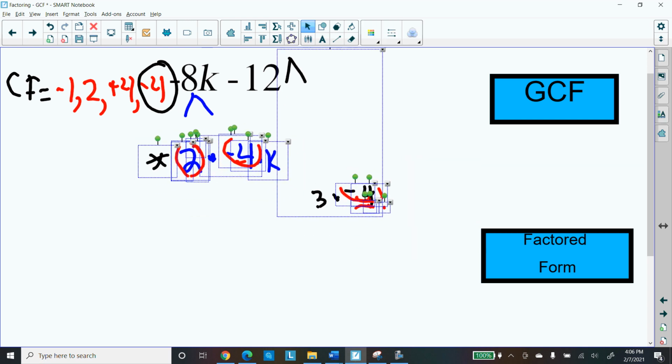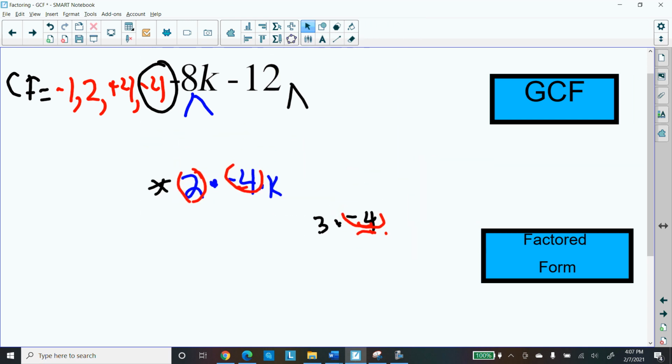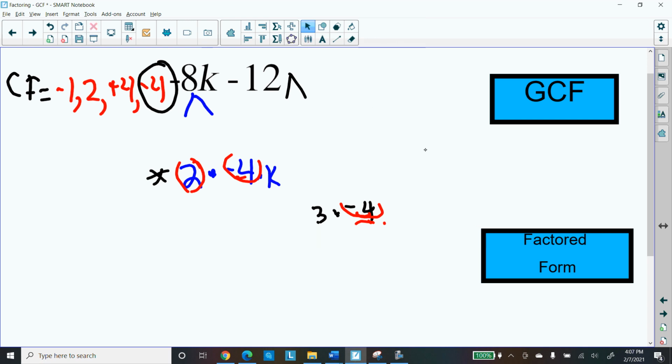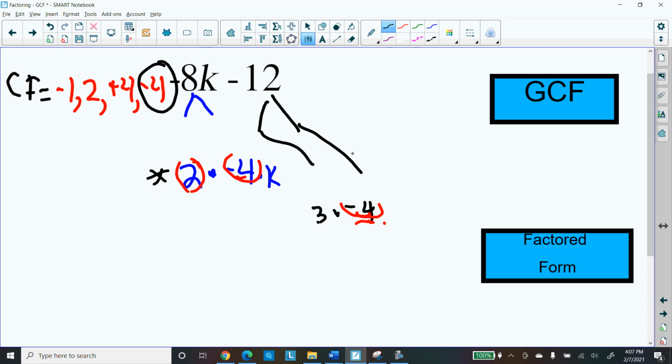Pull that up a little bit, and let's clean that up a little bit. All right, so what do we got here? So we're factoring out the -4, so let's rub that out. -4, put that down there, rub that out. -4 is gone. Let's draw a parenthesis and see what's in there.